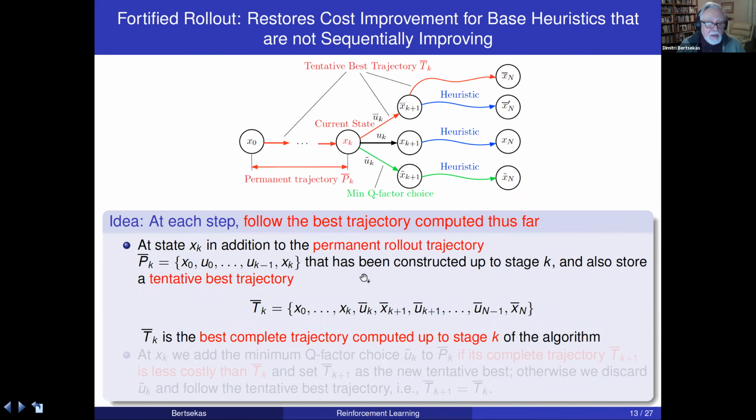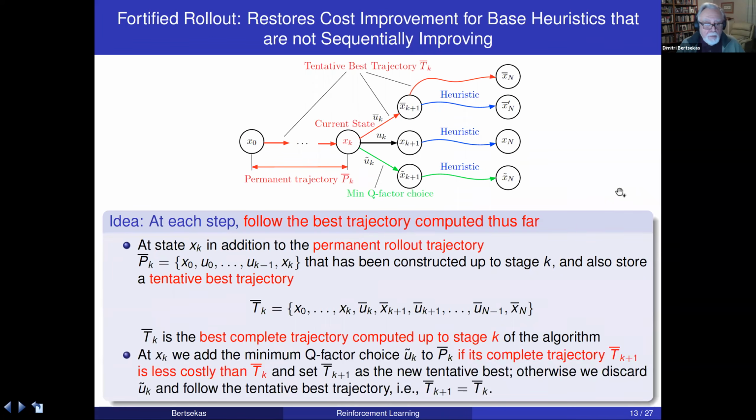Now, at xk, we consider again all controls, run the heuristic from them, and find the control that gives you the minimum Q factor. Is this green control here?